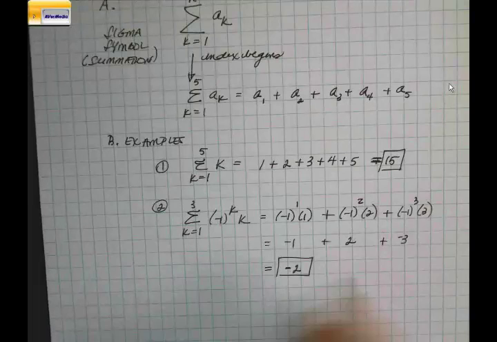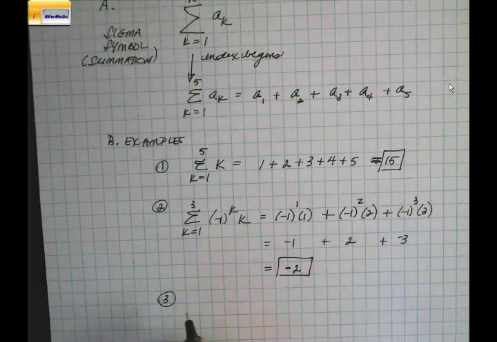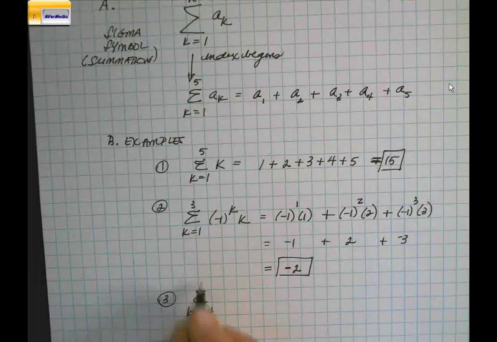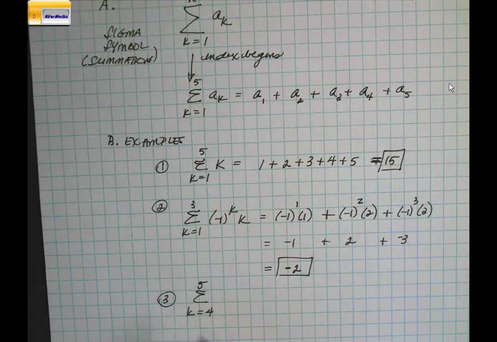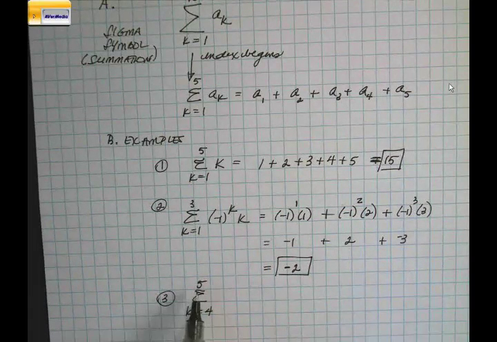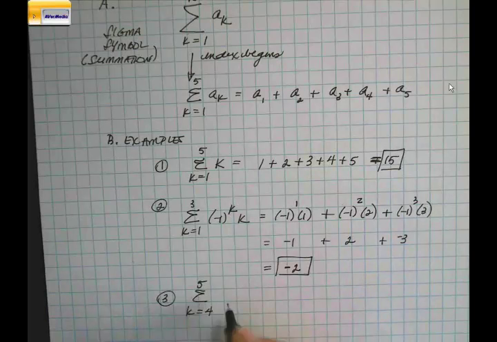So you can see this is pretty simple. Suppose you have the summation, k equaling 4 to 5. Now notice your index can start anywhere. Your beginning and ending indices can be whatever numbers, I guess so long as your ending is bigger than your beginning. And suppose this is just k squared.